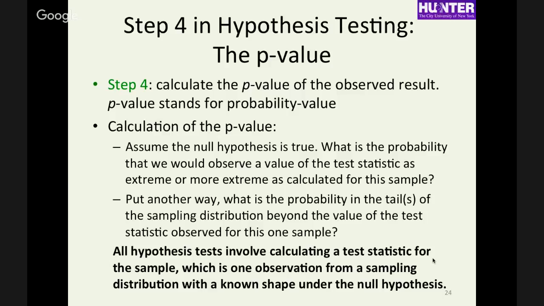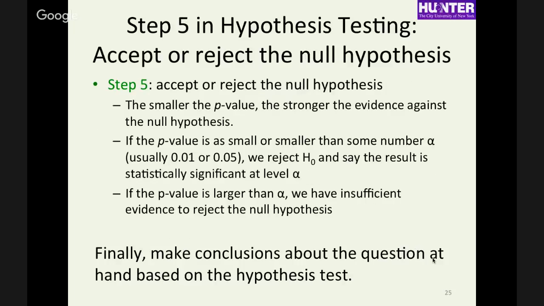So it's done under the assumption that the null hypothesis is true. What's the probability of observing your sample or something more extreme? And finally, based on your p-value or your test statistic, you either accept or reject the null hypothesis.